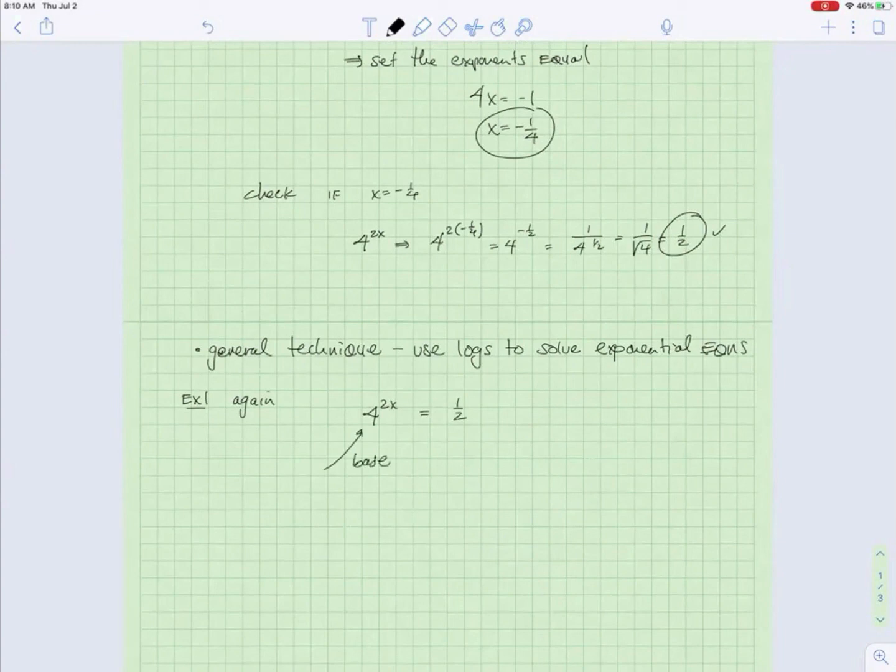This is base 4. So the inverse operation is log base 4.